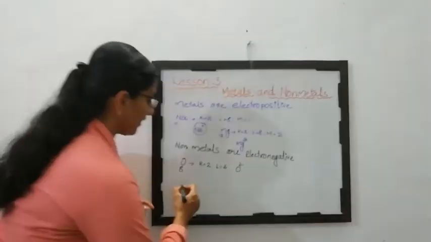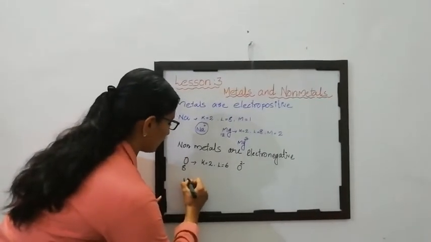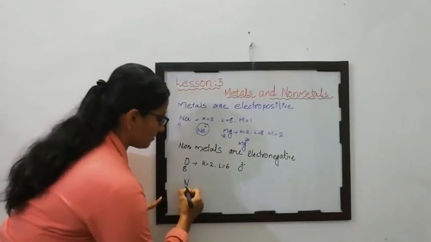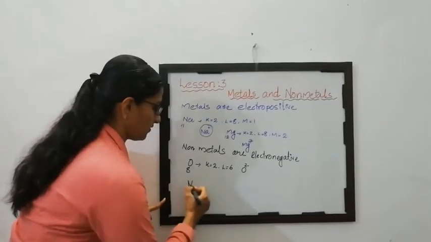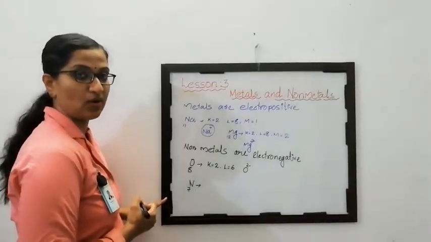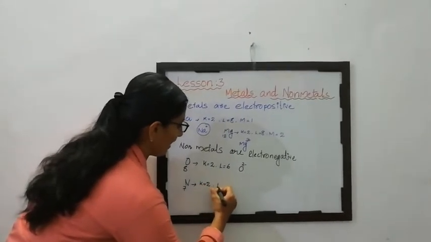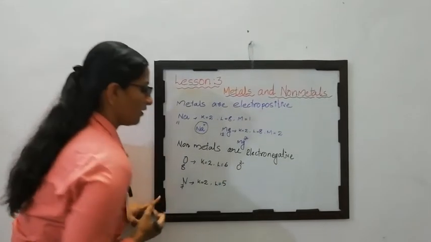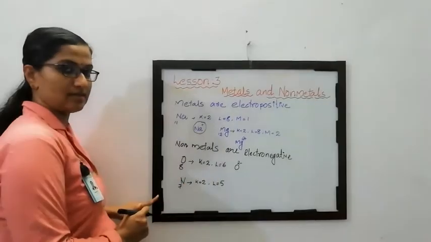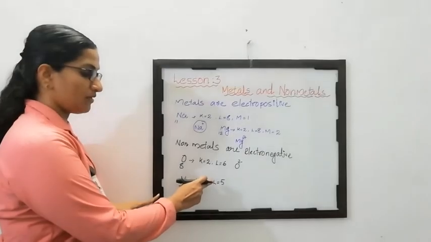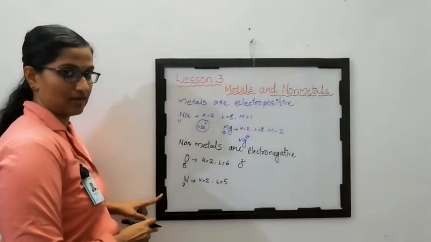Students, if you take nitrogen gas as an example, nitrogen with atomic number 7, when you write the electronic configuration, K is equal to 2, L is equal to 5. In order to attain stability in the outermost shell, it requires 3 more electrons.